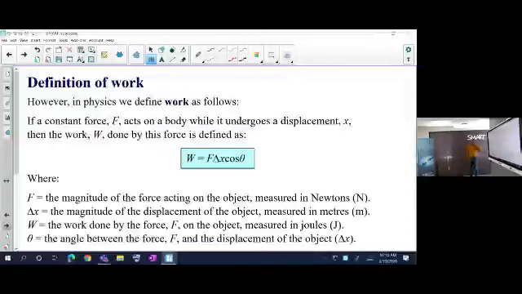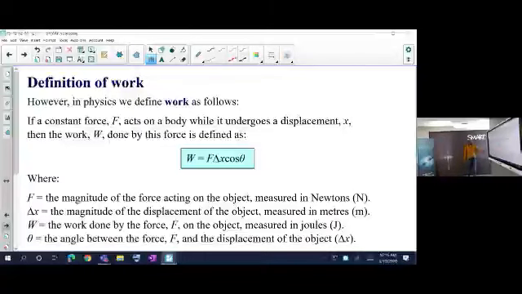As you can see here, we tried to show you what these letters represent. We have F, the magnitude of the force acting on the object. Don't forget that because it's very, very important. In each and every exam, they can just give you a question: what is the unit of W?